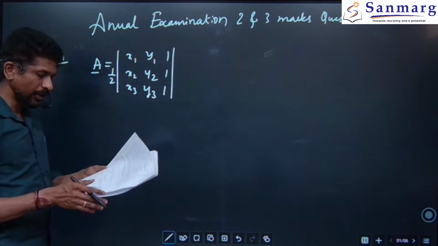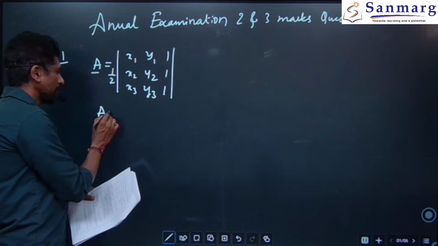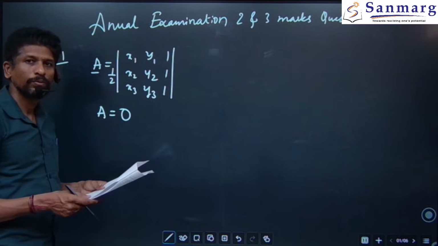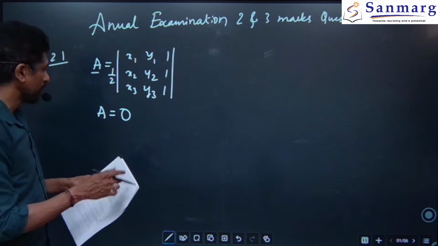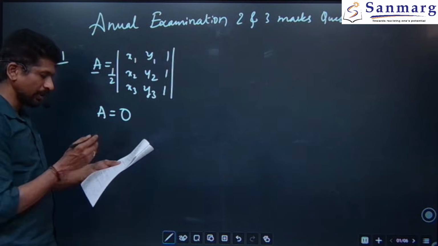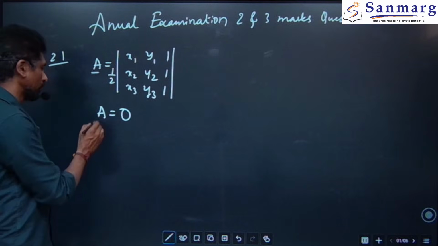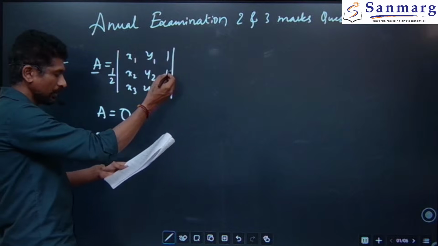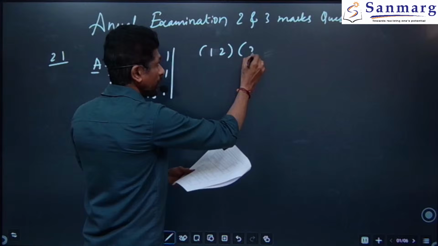If they ask for the line joining points, the area of the triangle is always 0, because by 2 vertices we can't find the area of a triangle. So when they ask for the equation of a line, you have to consider the area of the triangle as 0. Here the vertices given are 1 2 and 3 6.